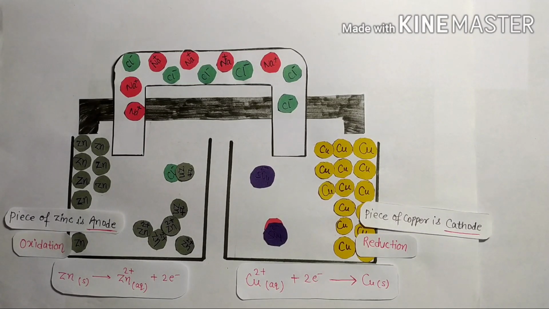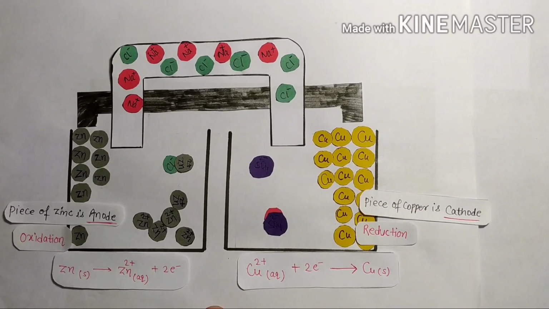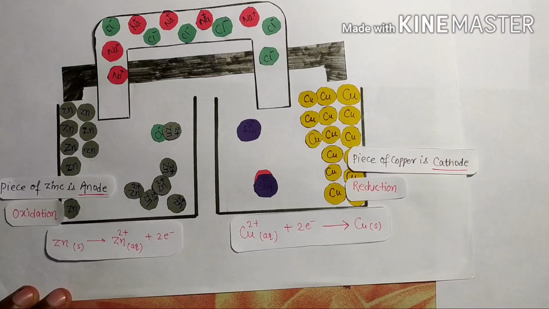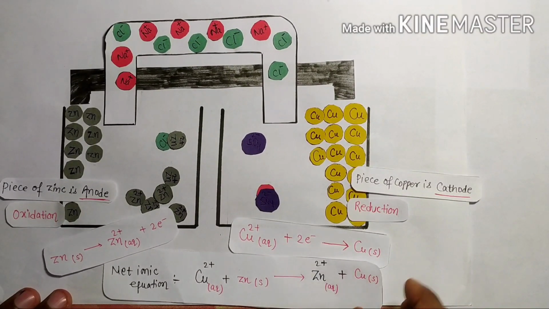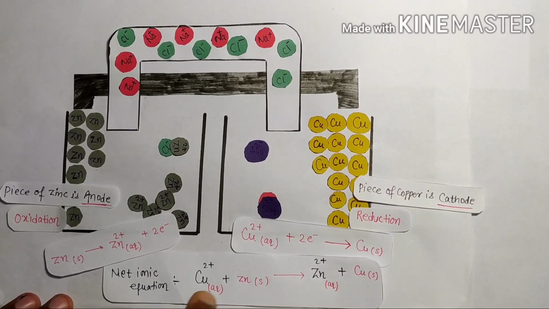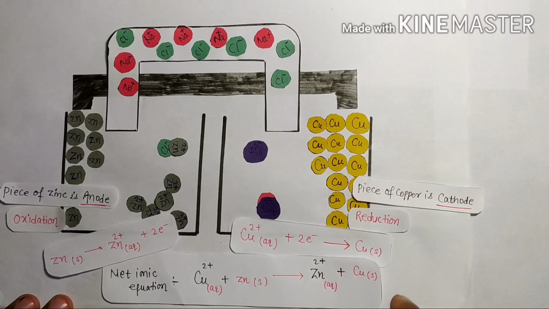Now let's see. This is the half cell reaction of the anode, and this is the half cell reaction of the cathode. We now have to make the net ionic equation. The net ionic equation will be like this: Cu2+ plus Zn solid becomes Zn2+ plus Cu solid.